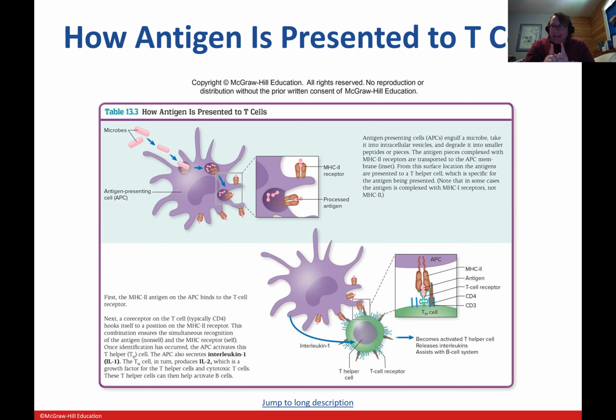You have that T cell receptor with the two little lobes and the two antennae, which now grab onto that antigen. So you've got the MHC2 with the antigen connected to that T cell receptor, which grabs onto a piece of the antigen. And then you have all those co-receptors involved, the CD3 and CD4 co-receptors, in that handshake.